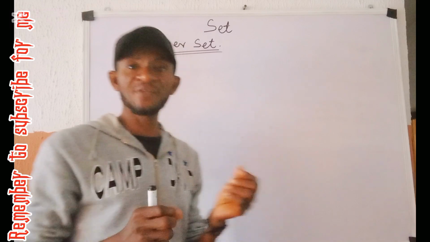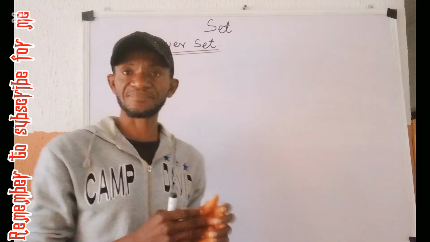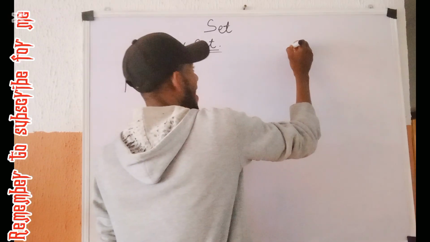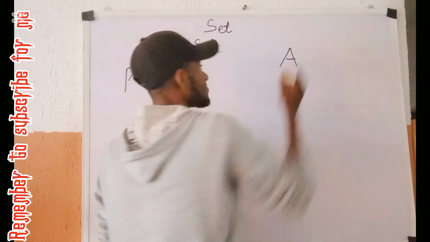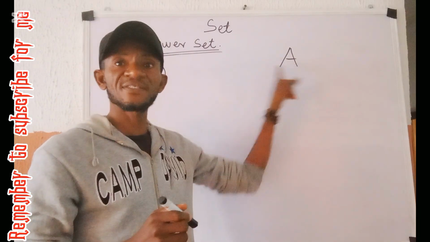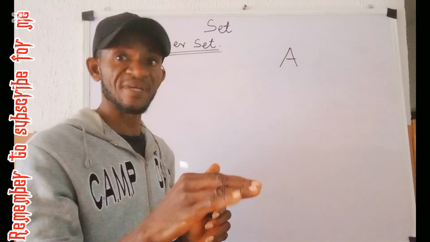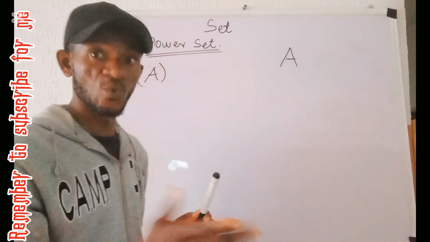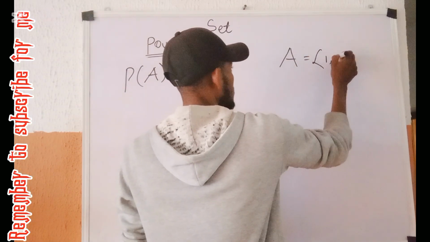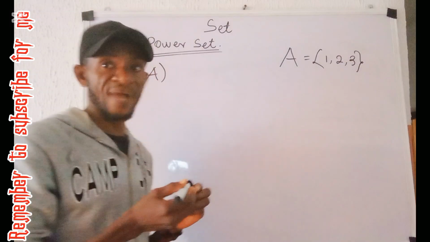As a way of giving further illustration to this definition, consider a set defined by a capital letter A, such that this set is not an empty set. It has elements or members which could be defined as 1, 2, 3, or any other members.